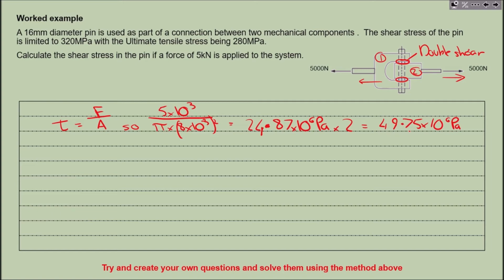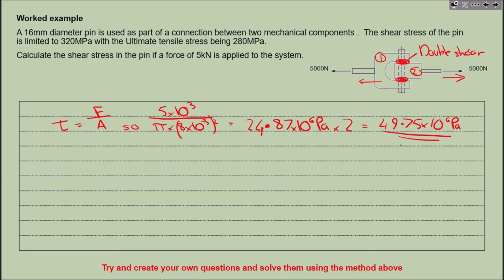That is the answer to this question. That's how much stress is in this pin. It's double because of the connection we've got, on the top and the bottom, that's why we have to double that stress value.